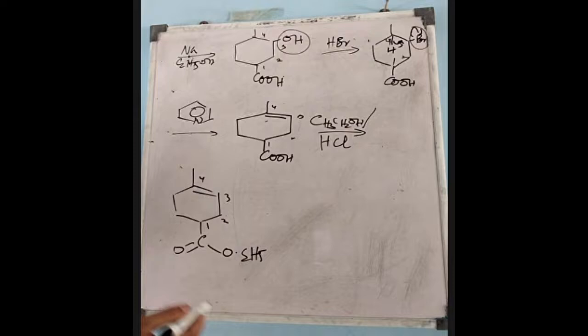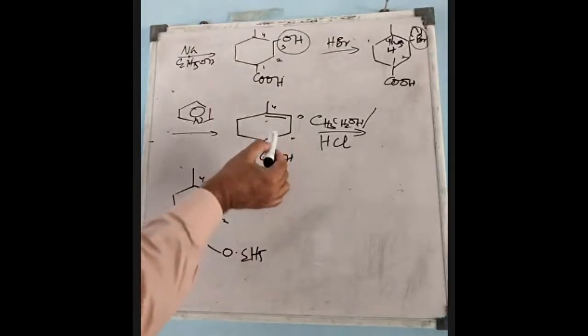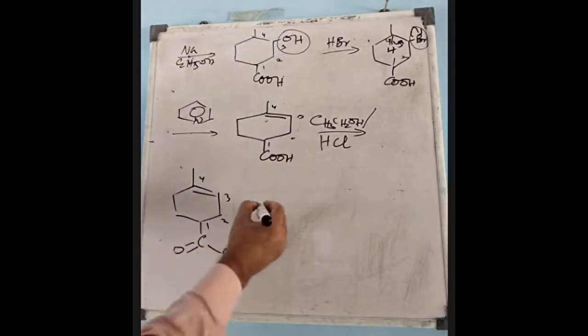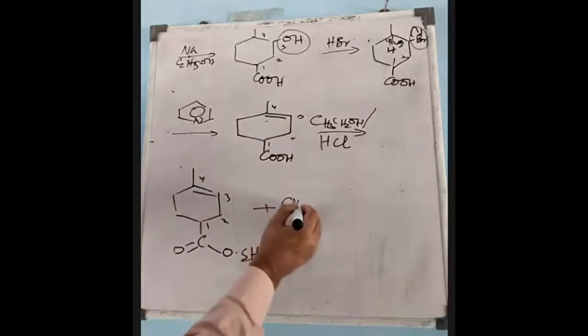If you say ethyl ester, then we say of paratoluic acid. If only ethyl, then paratoluate. Just like ethyl benzoate or ethyl ester of benzoic acid, one and the same thing. So now we have just converted this acid into the ester. Now it is treated with methyl magnesium bromide.